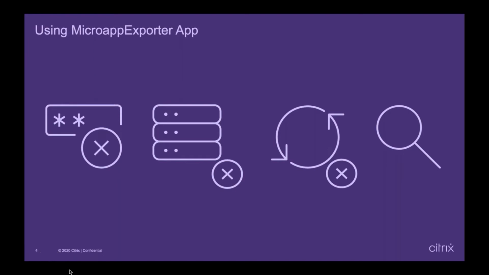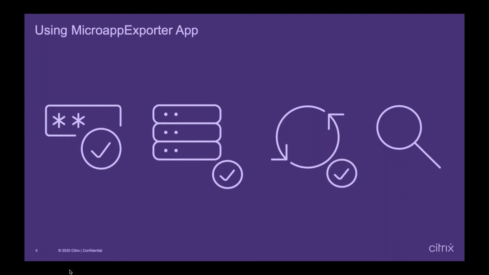The MicroappExporter app helps with the struggling points. The tool implements a feature that acts as a utility to test and validate authentication against different systems of record. It implements a feature that creates a personal cache of microapp configurations that can be exported and imported from the Citrix Cloud.